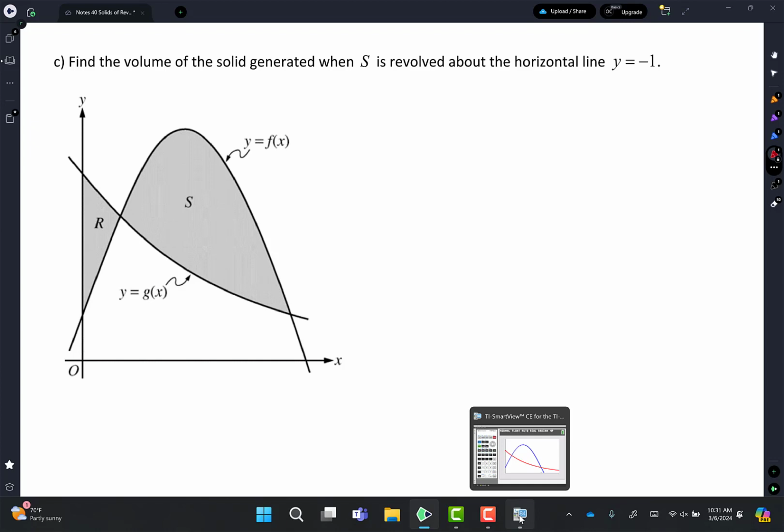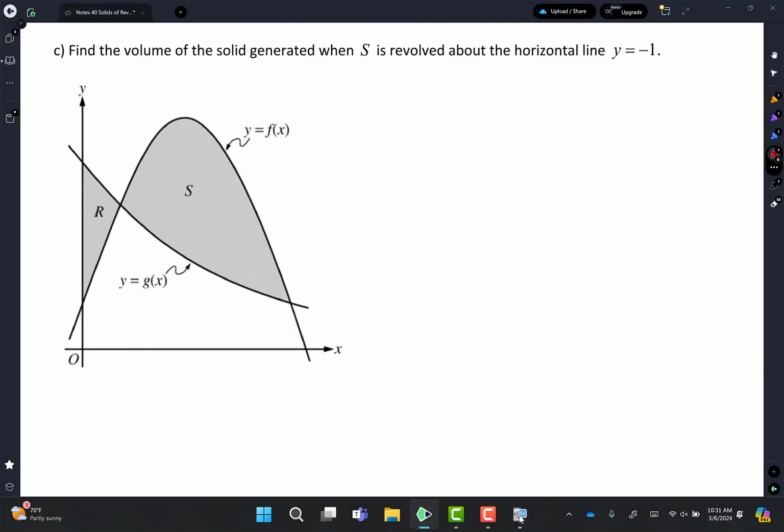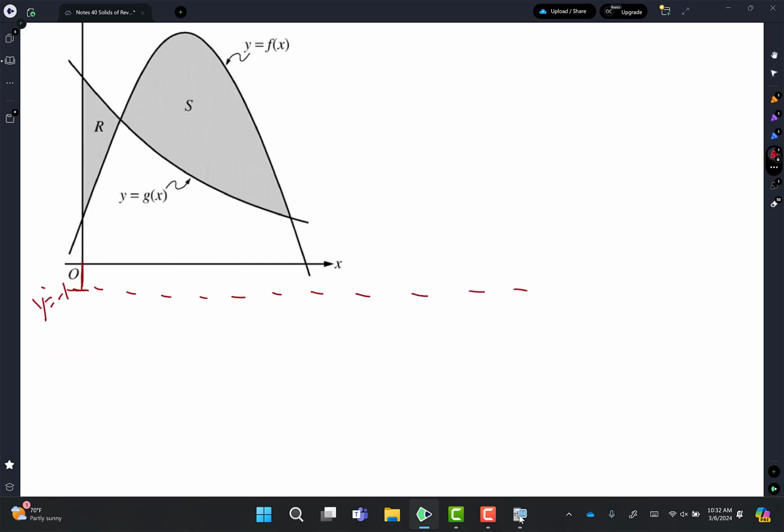We have that question. We're rotating about a different line. Find the volume of the solid generated when S is revolved about the horizontal line y equals -1. So let me see. I'm gonna exaggerate it, and I'm gonna say this is y equals -1. Draw a picture to help you out. What region?